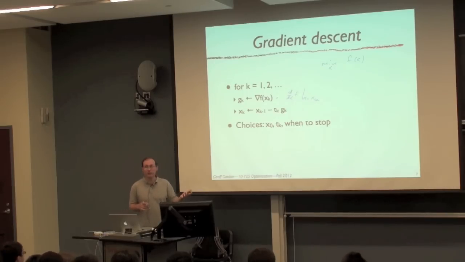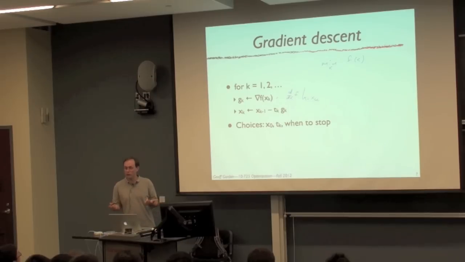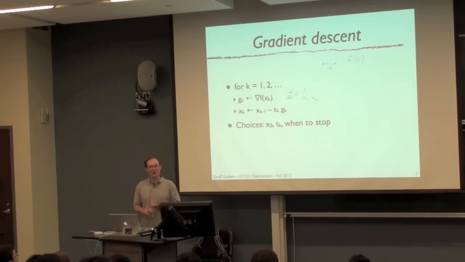So our choices here, it's a really simple algorithm, but we do have a few choices. We obviously can choose where to start. There's not much I can tell you about that other than start somewhere near the optimal solution. Right, nice advice if you can follow it. Starting at 0 is what a lot of people use as a second best solution. We can choose the sequence of learning rates.